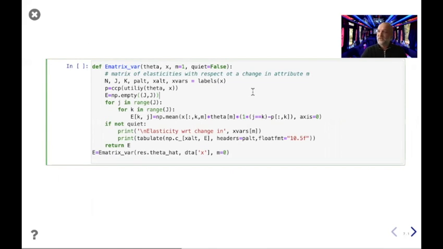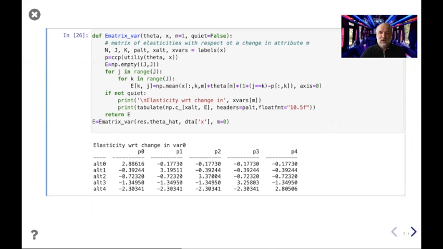And what they really highlight is, as we talked about last time, the independence of irrelevant alternatives, as all these cross price elasticities are completely independent of the alternative. And that's what you can see here when you calculate an elasticity matrix with respect to a change in the first variable. All these cross elasticities are equal to 0.17 for a change in the attribute of the first alternative, of the first variable, because we're looking at the first variable, and so it's positive.